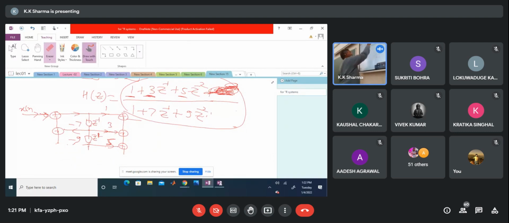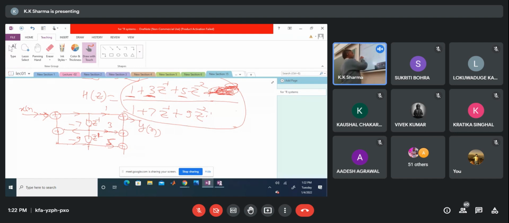Okay. So this will be the IIR structure for a general second order system having this kind of block. This will be my y[n], this will be x[n].